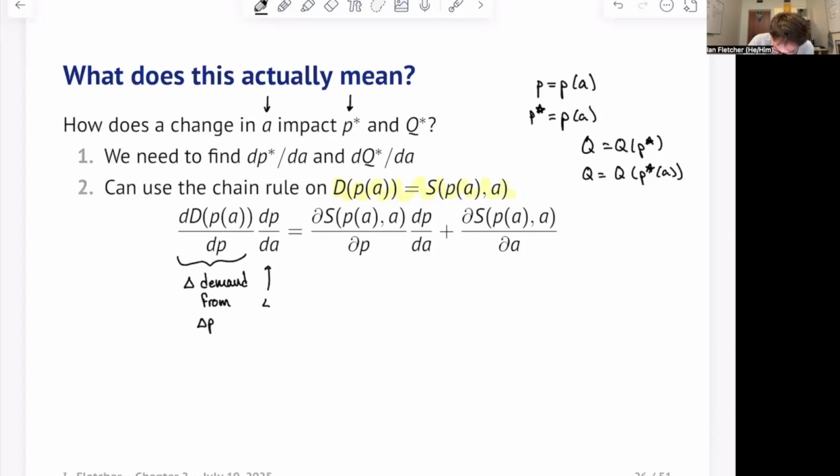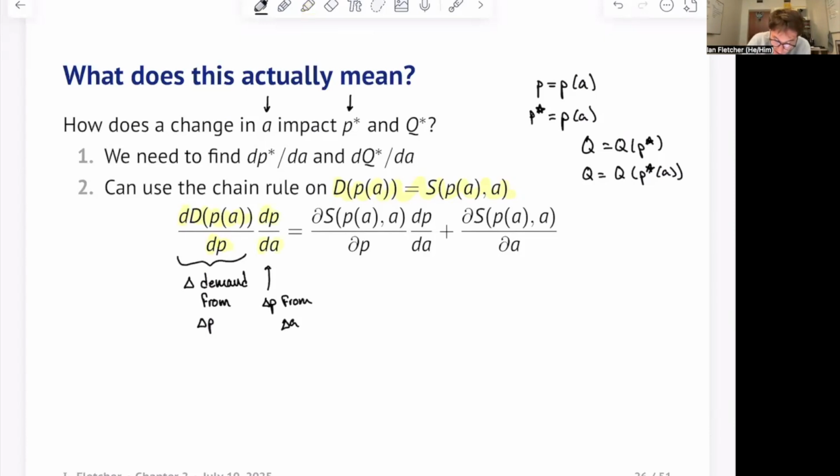And to understand the change in price, we need this change of price from a change in A. That's how you should be reading these: this is our change in demand for a given change in our price, and this is how our price changes given a change in A.